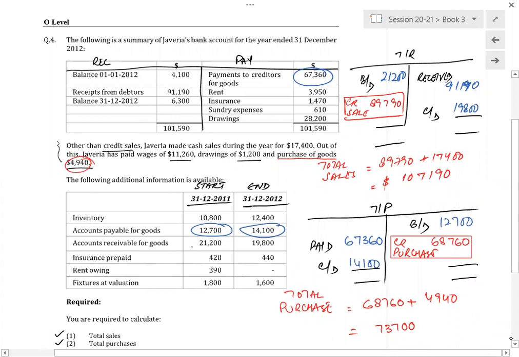First of all, we get the credit sales and credit purchases from trade receivables and trade payables. After that, we add cash sales to credit sales to make total sales, and credit purchases plus cash purchases become total purchases. So I want you people to practice it.